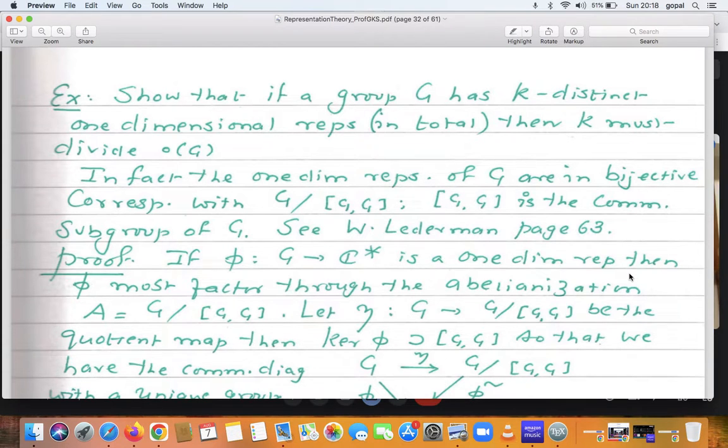If a group G has k distinct one-dimensional representations, suppose it has k distinct degree 1 reps, then k must divide the order of G. In fact, the degree 1 representations are in bijective correspondence with the abelianization of the group.